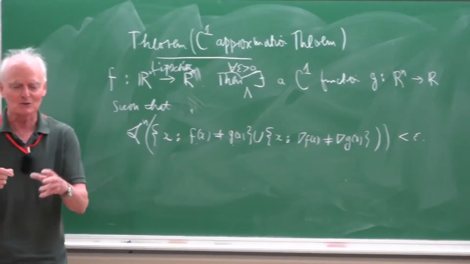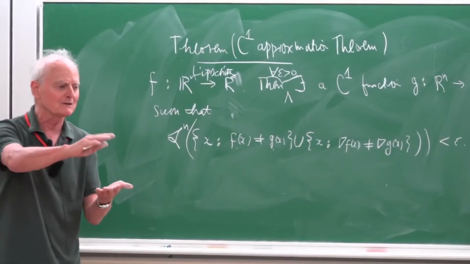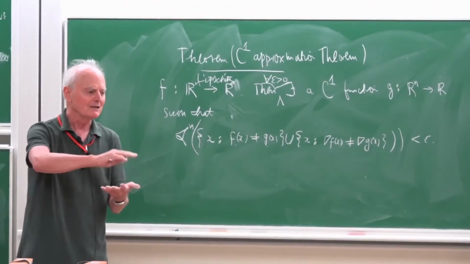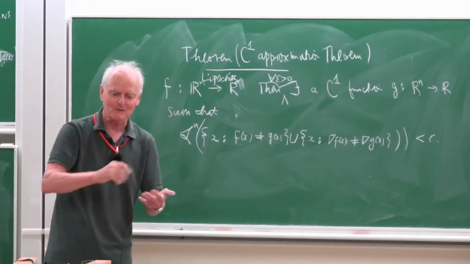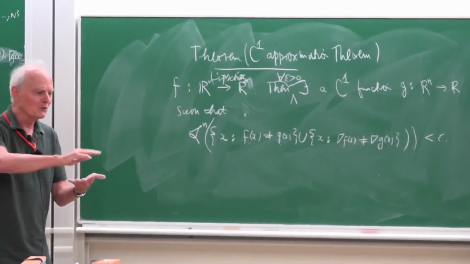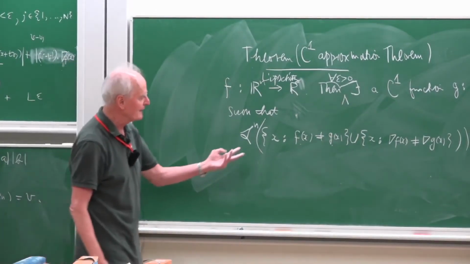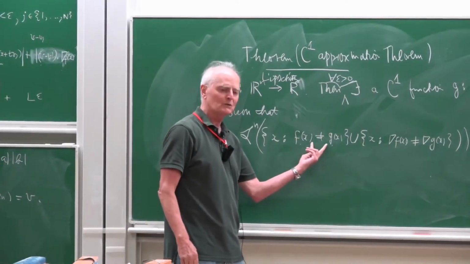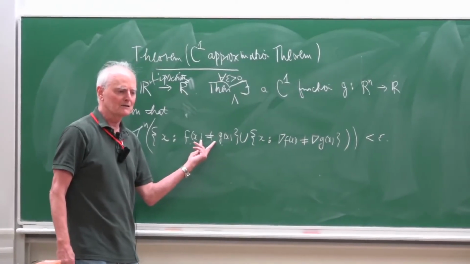That's trivial. You just use a smoothing process. You can always approximate an L1 function in the L1 norm by smooth functions, and a continuous function you can approximate in the uniform norm by smooth functions. But this is saying much more than that. It's saying that even the set of points where they actually don't stick together is small.